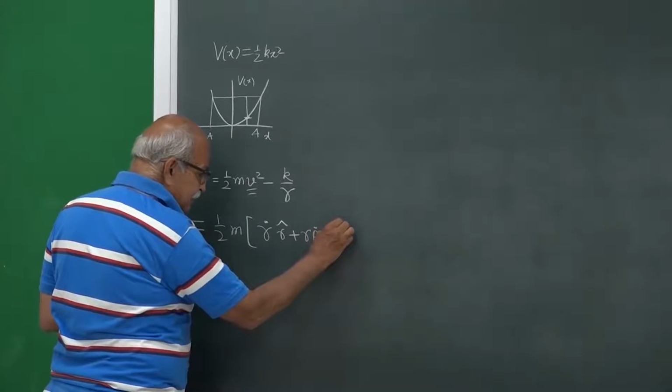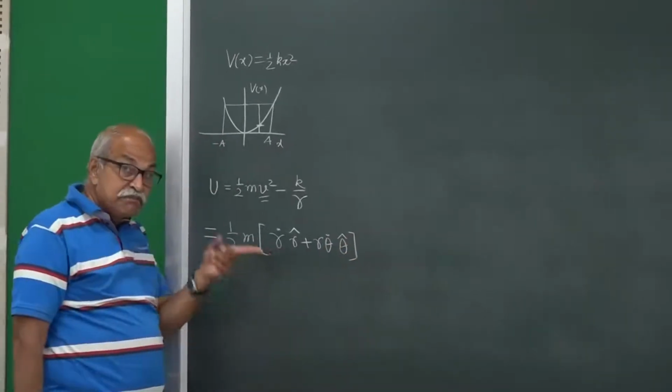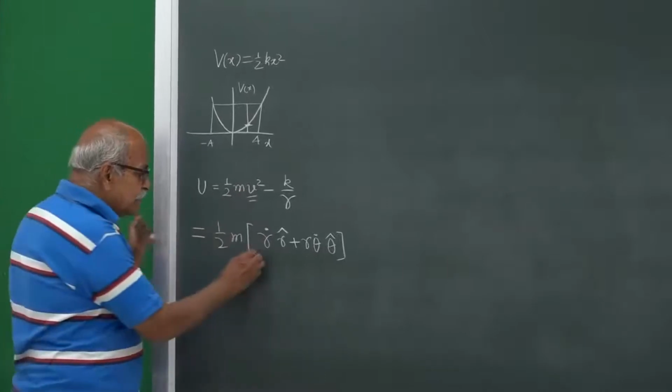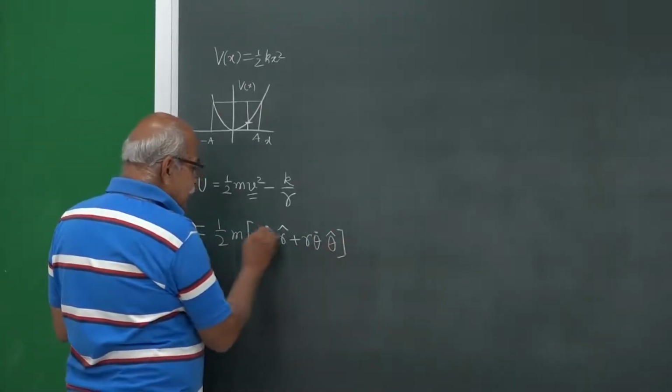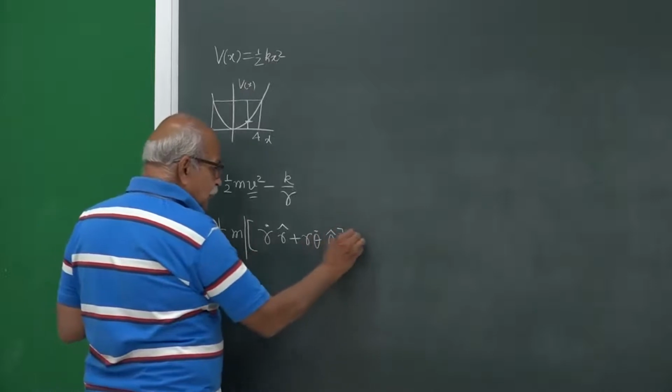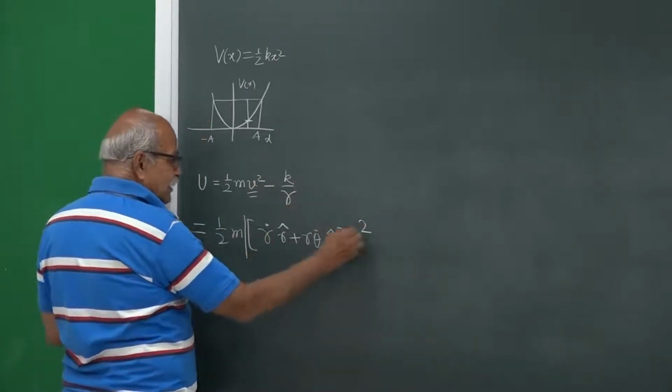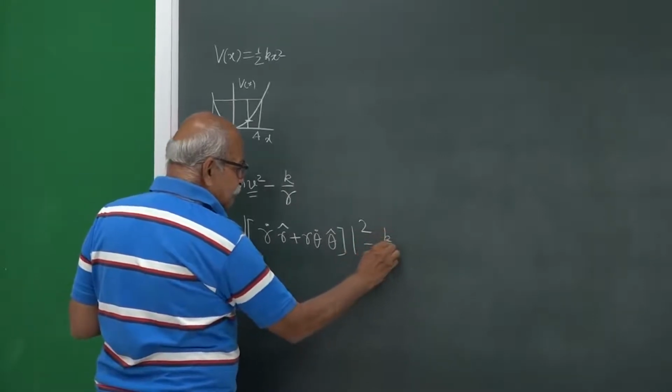This is the velocity vector. I had derived it in the previous lecture. The velocity vector v is given by this, and the magnitude of this whole square is v square. So, this is v square minus k by r.